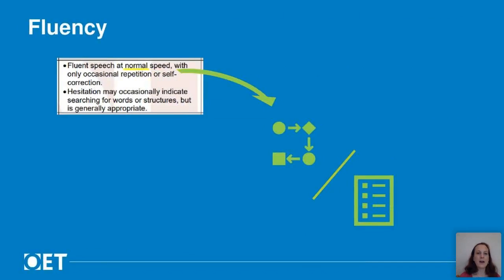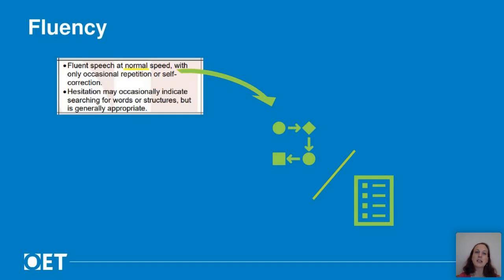Let's look now at fluency. So this means that you are fluent at normal speed, and any hesitation is due to the natural process of thinking and speaking at the same time. So you may occasionally repeat yourself or self-correct what you have just said, but the amount of this wouldn't confuse the patient. The words normal speed are important here, and this may be different depending on what you are discussing with the patient.